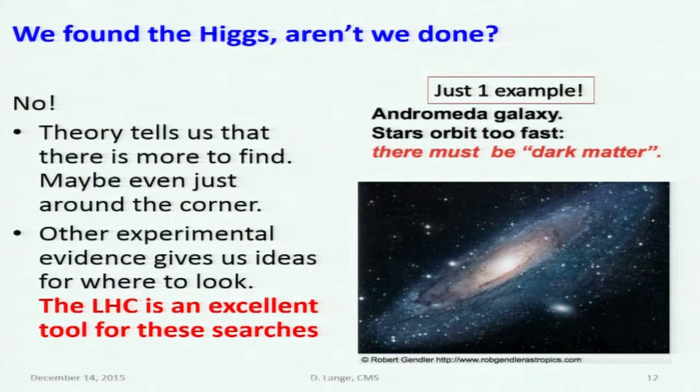On the other hand, you don't know what this dark matter is, and so the idea is that the LHC may be capable of generating dark matter and thus being able to isolate it in the laboratory.